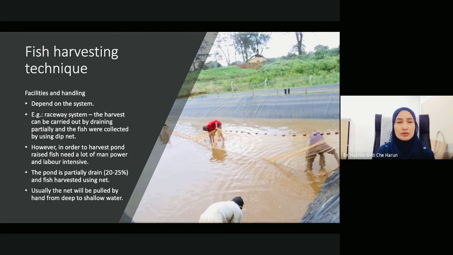Aside from that, if you have a pond, the harvesting also depends on the species that you raise. So this will determine whether you need to do partial harvesting or total harvesting, and also how much labor you need to carry out the process.